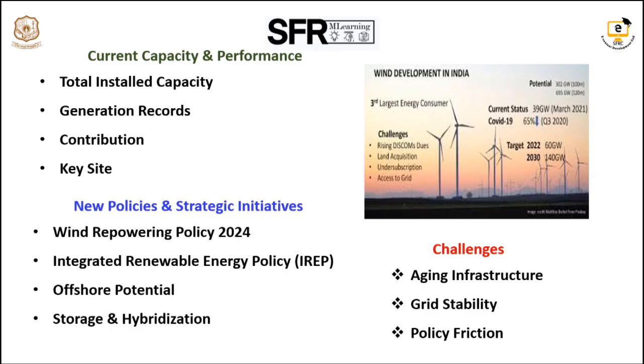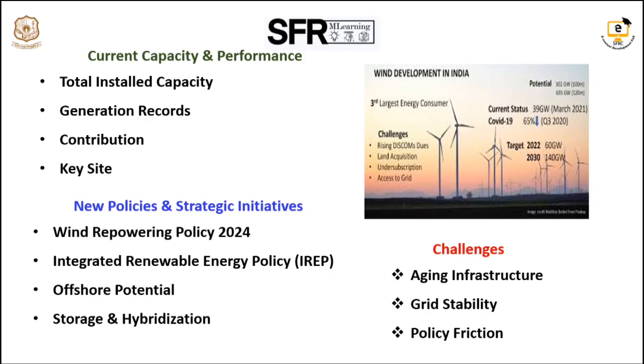Tamil Nadu currently holds the second highest installed wind energy capacity in India after being surpassed by Gujarat in 2023. Despite this, the state remains a global leader in wind power, with total installed capacity exceeding 11,500 megawatt as of early 2025. So some current capacity and performance, let me explain one by one.